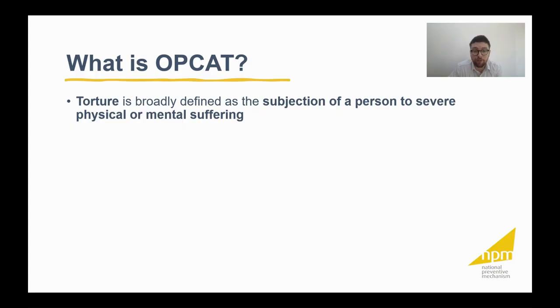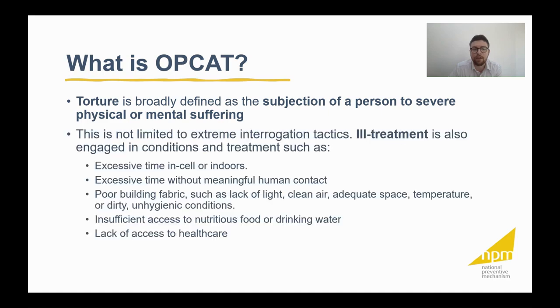Torture is broadly defined as the subjection of a person to severe physical or mental suffering. That's not limited to extreme interrogation tactics. It's also engaged in conditions and treatment that you might come across in your day-to-day work.